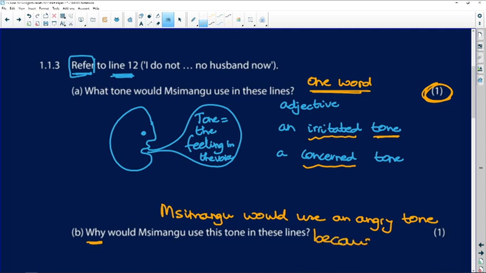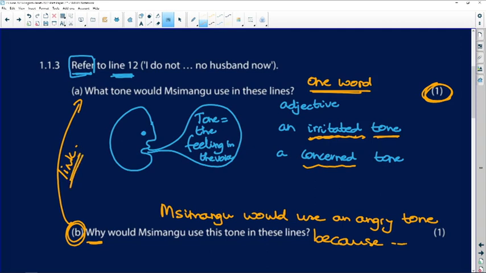Now what she has found is that students are not linking the B part of the question to the A part. So they say an irritated tone and then say Msimangu would be concerned. She says they're not seeing the link.